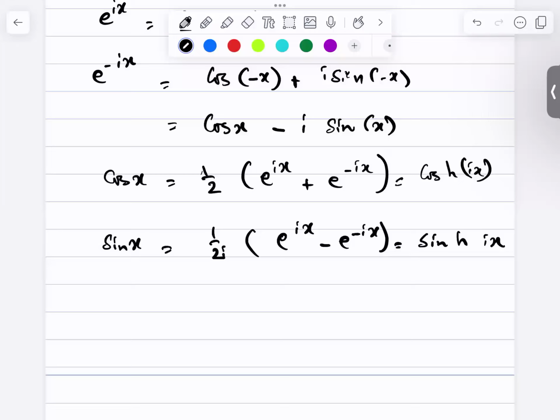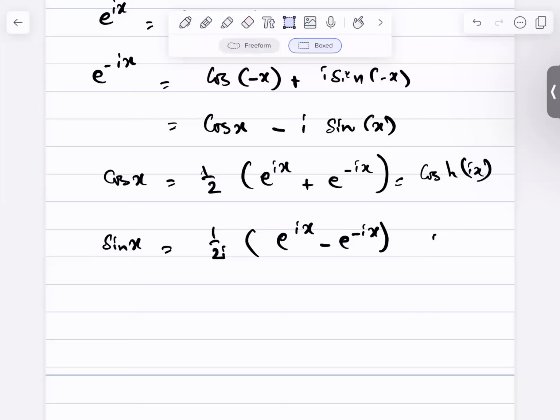There should be a 1 over 2, right? Rather, it should be 1 over 2i, I guess. Oh no, I'm wrong there.